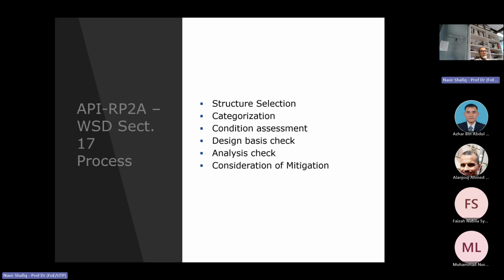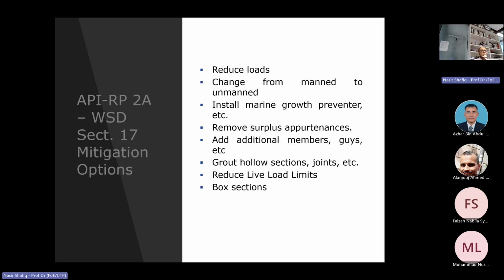And consideration of mitigation. If you find that for the next 5 years it cannot work properly, you suggest some modification, or mitigation options, right?